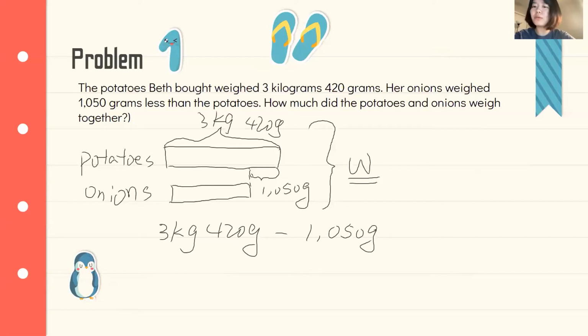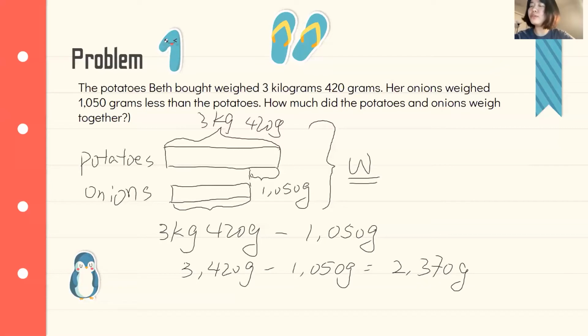I will convert the first number. We already know 1 kilogram is 1,000 grams. So we have 3,420 grams minus 1,050 grams, and that gives us 2,370 grams. After we know the weight of the onions, we can add them together to find the answer to our final question.